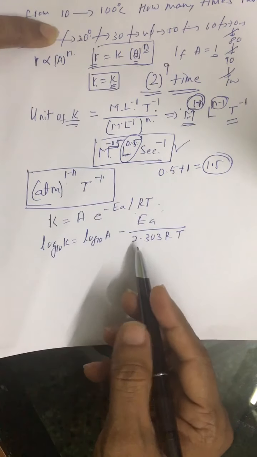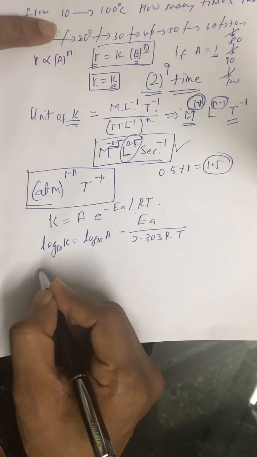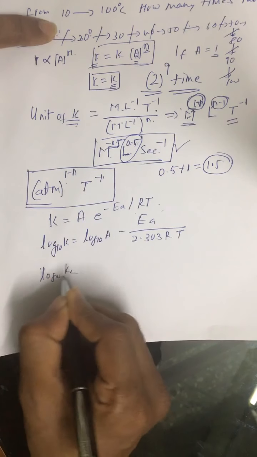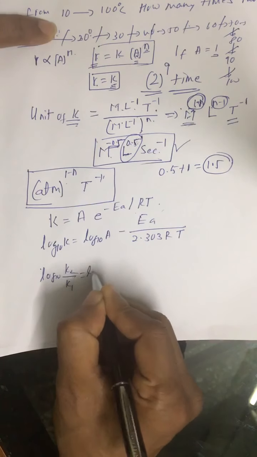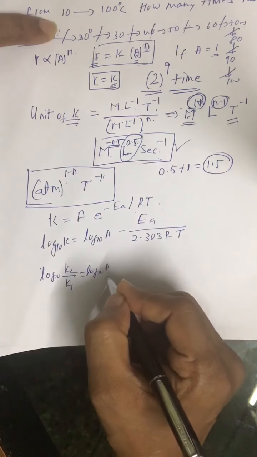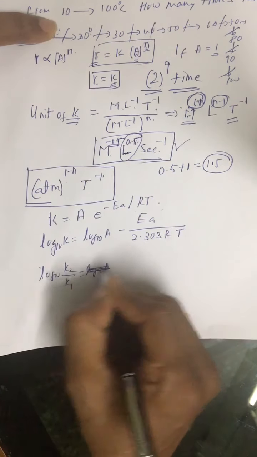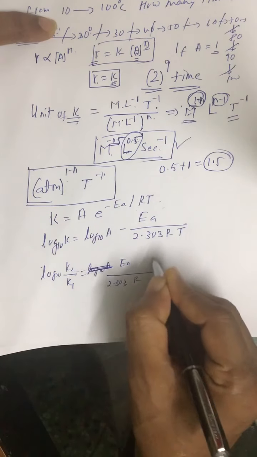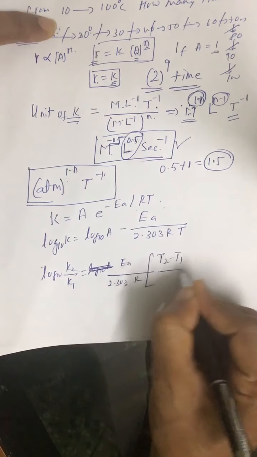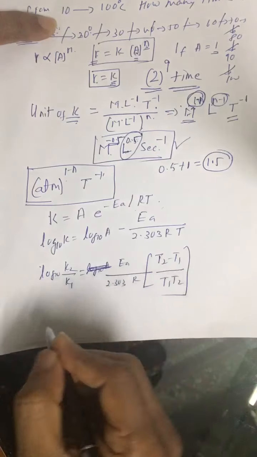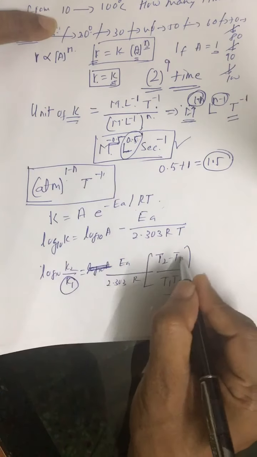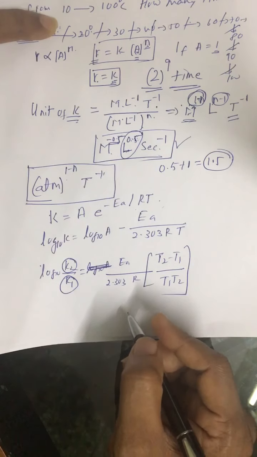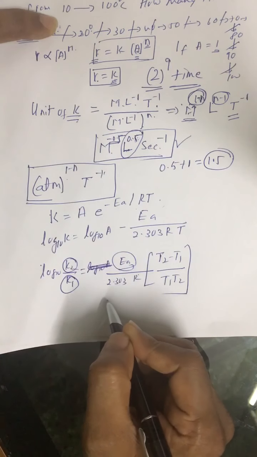So this relation is again very important, and mathematically, for different temperatures, log of K2 by K1 is equal to EA upon 2.303 R, times T2 minus T1 upon T1 T2. So K1 is velocity constant at T1 temperature, and K2 is velocity constant at T2 temperature. EA is energy of activation.